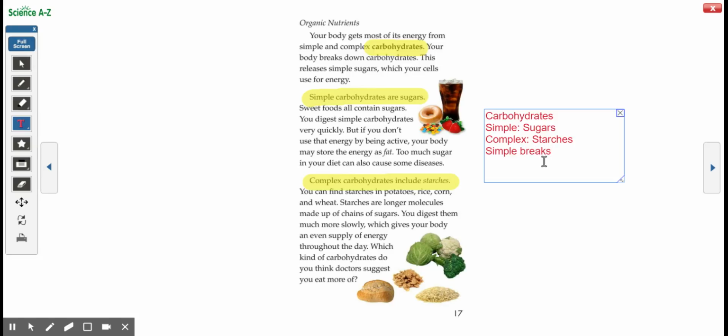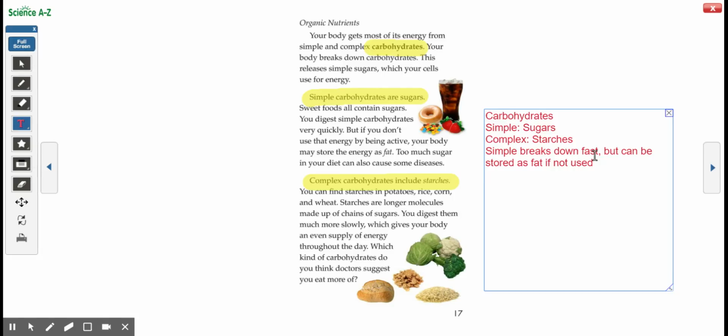Simple breaks down fast, but can be stored as fat if not used. Complex breaks down slower than the simple. Even energy.